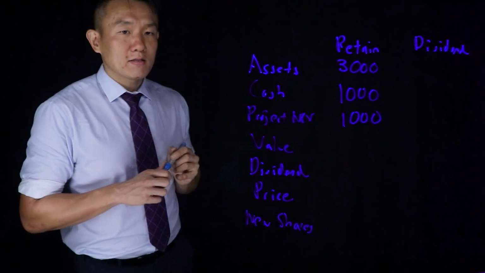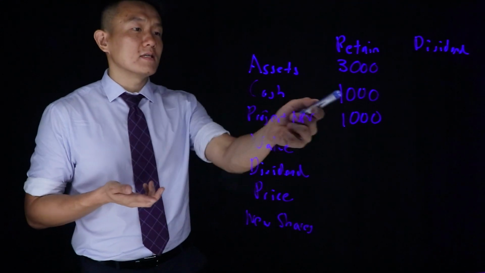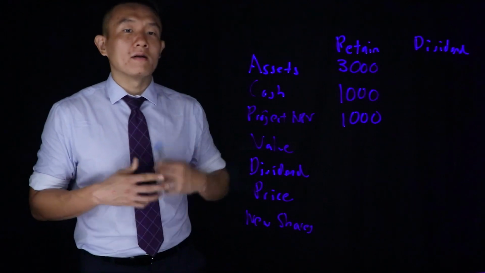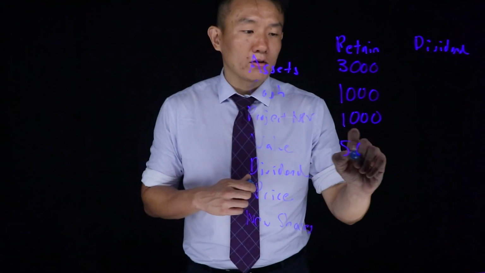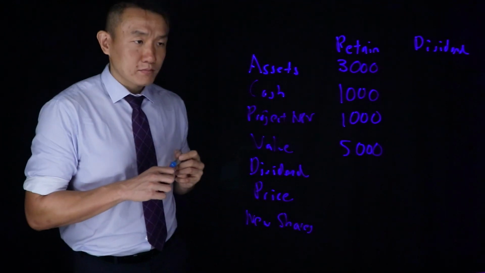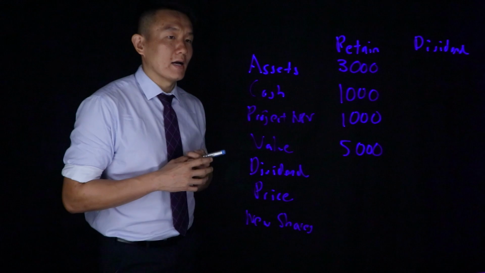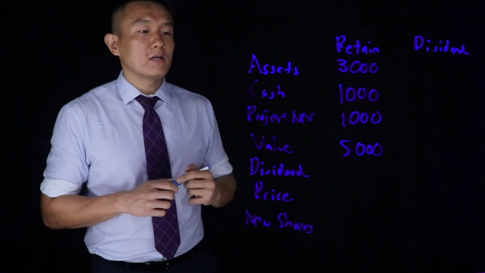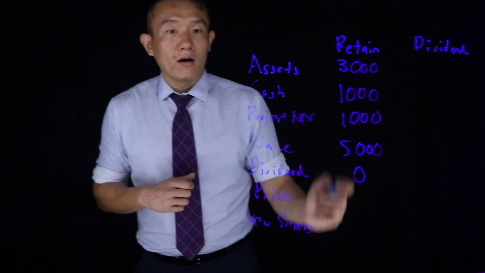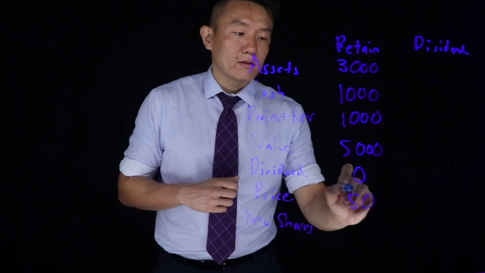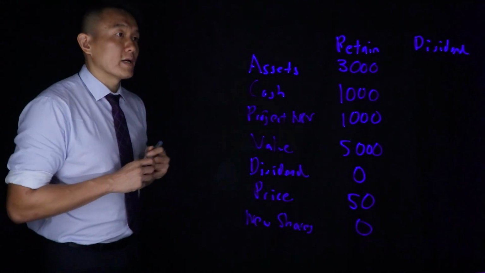So it has assets of 3,000, it has 1,000 in earnings that it could reinvest, and if it did so, it would generate another 1,000 in NPV, which means that the total firm's value is 5,000. So if it were to retain this 1,000 in cash to invest in the project, it wouldn't be able to pay out a dividend. With 100 shares outstanding, this would mean the shares are worth 50, and it's not issuing any new shares.